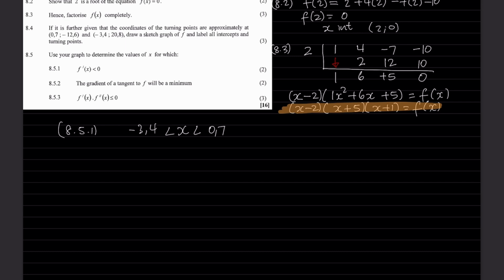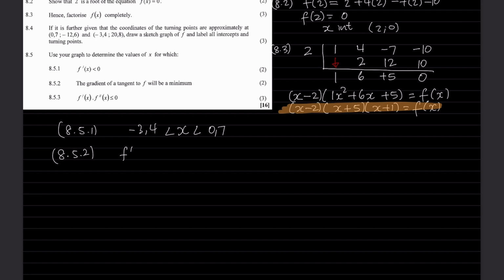And the next question reads 8.5.2, the gradient of a tangent to f will be minimum. So in this question, they want to know basically what is the point of inflection. Now there's two ways of solving the point of inflection. The first way would be to take the average of the two turning points, or take the double derivative.